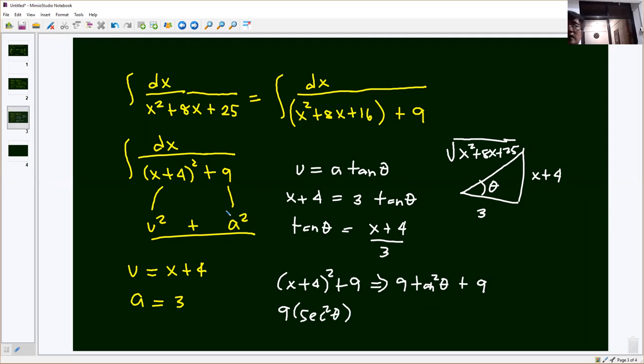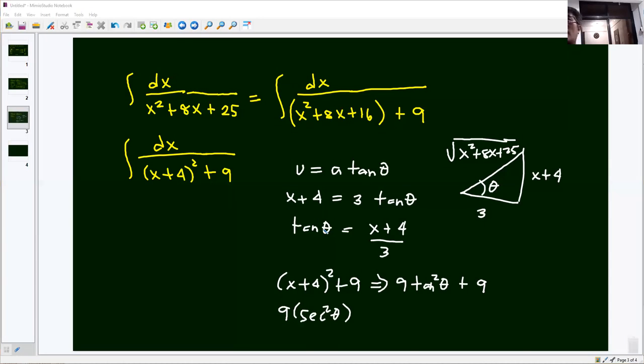So ang nangyari now is that the given integral, ita-transform natin yung integral in terms of theta. So obviously, yung ilalim will become 9 secant squared. But remember, dx pa rin to sa taas. So saan natin kukunin dito?